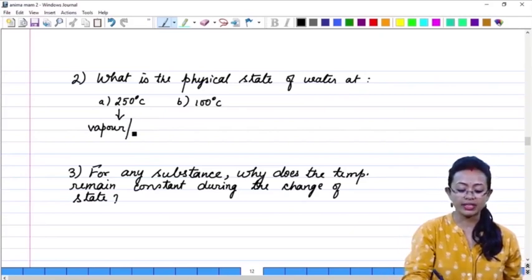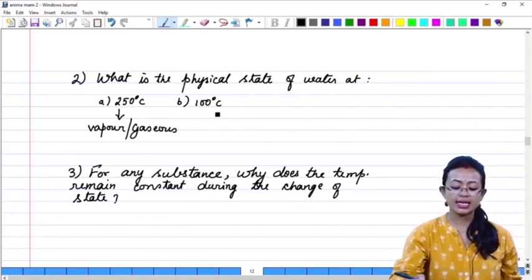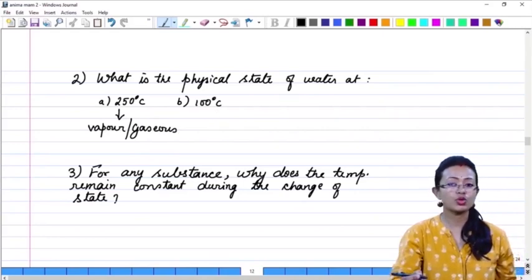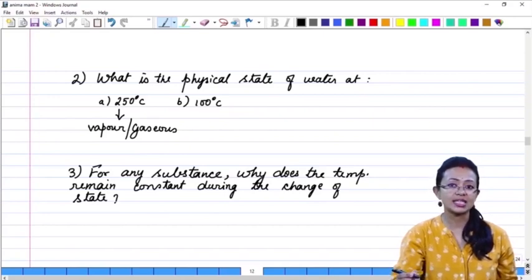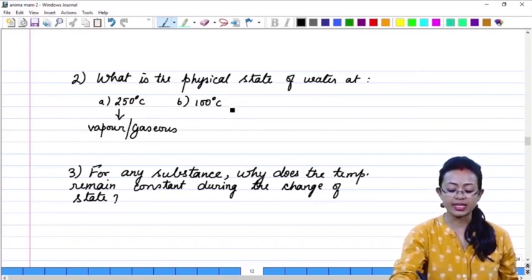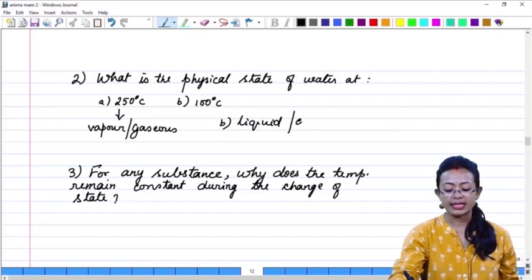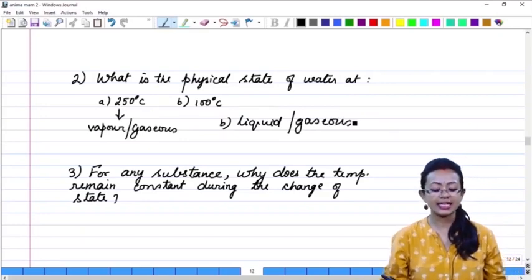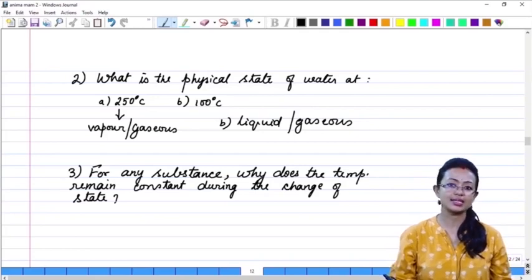In number B, what do you think water would be? We had already seen in the latent heat activity that water at 100 degrees Celsius can exist in both the liquid state as well as in the gaseous state. So water will exist in the gaseous state and the liquid state at 100 degree Celsius.